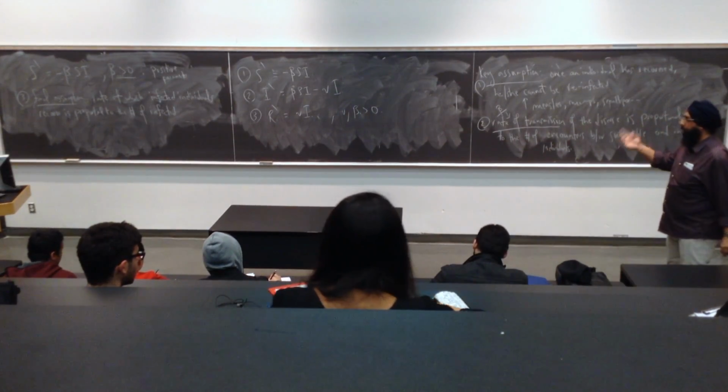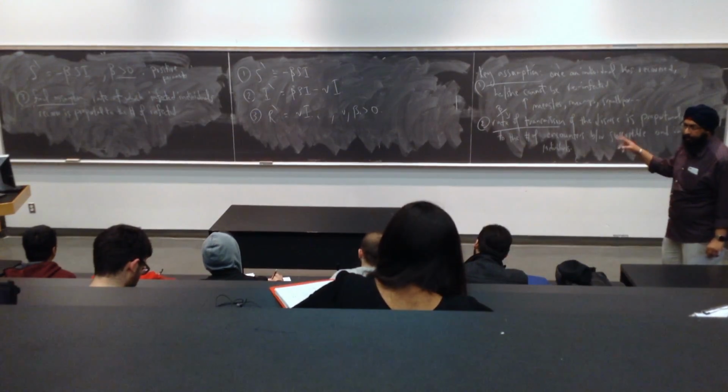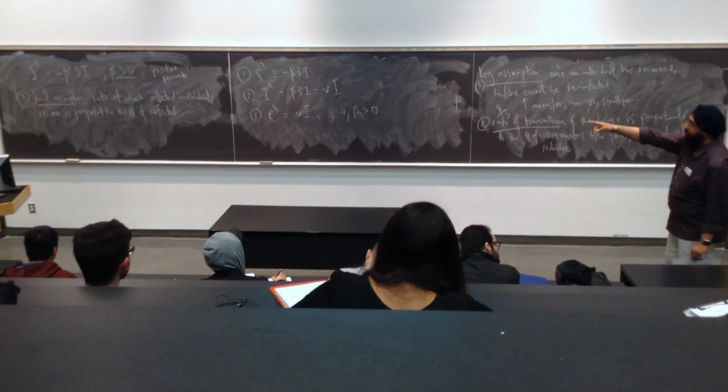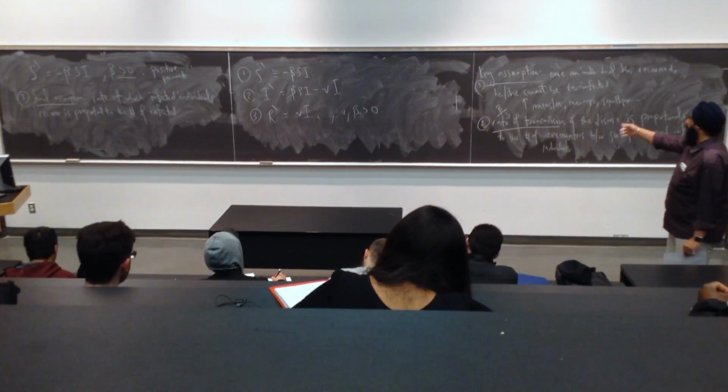B or nu, but I will just write B, because I cannot tell the difference between B and nu in my own writing. So B is just the rate at which infected individuals recover, and beta is the rate of transmission.